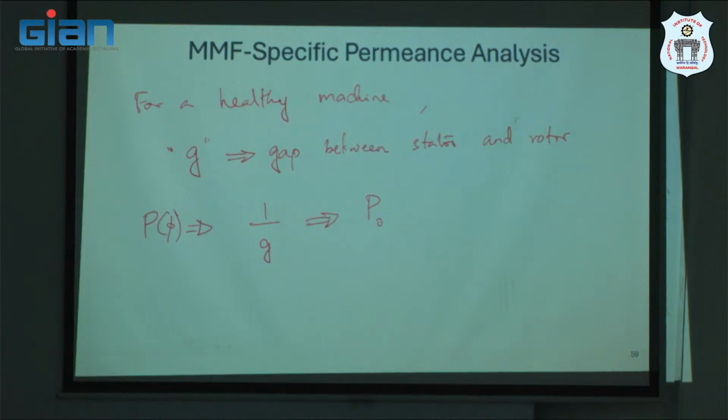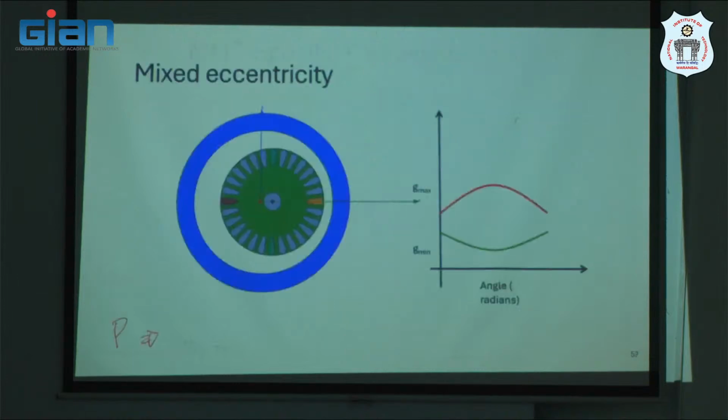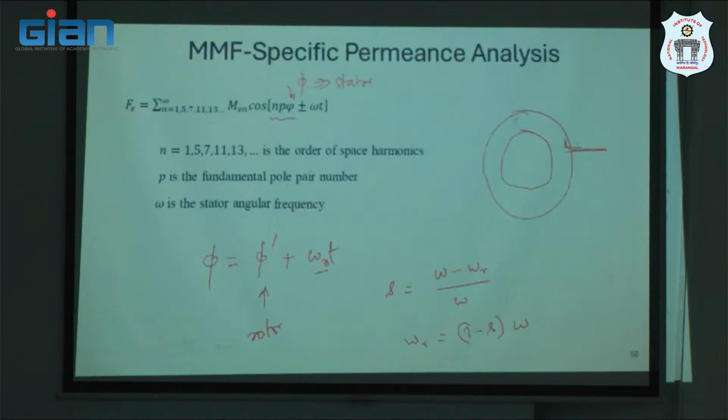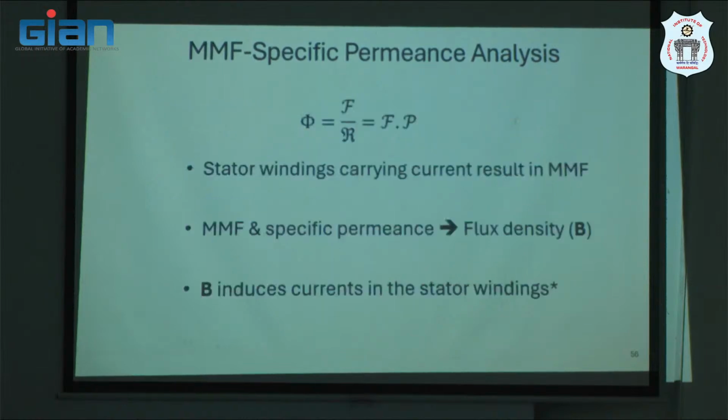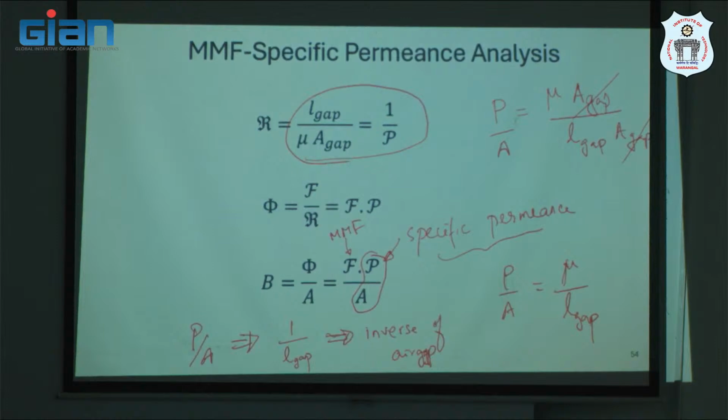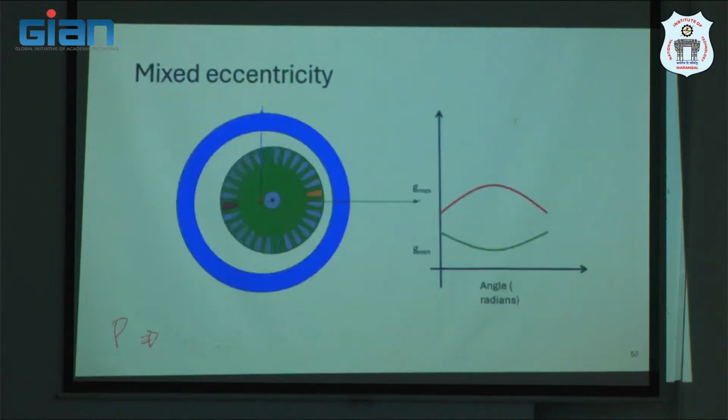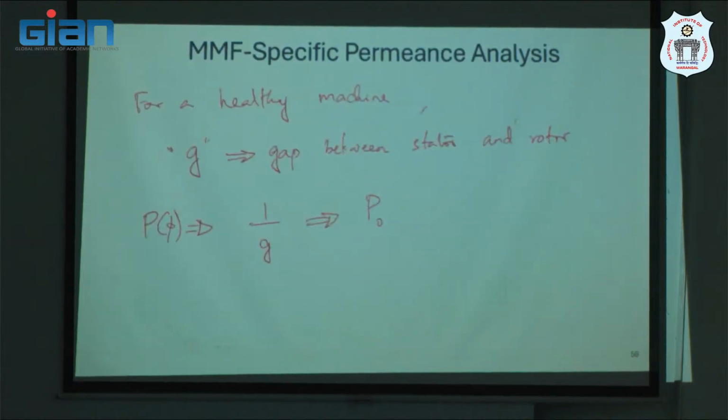So this is P naught. So what does MMF specific permeance analysis say? If this is the expression for P naught, and the previous slide gave the expression for MMF, then MMF specific permeance analysis says that I need to multiply my MMF with permeance. So let us do that.